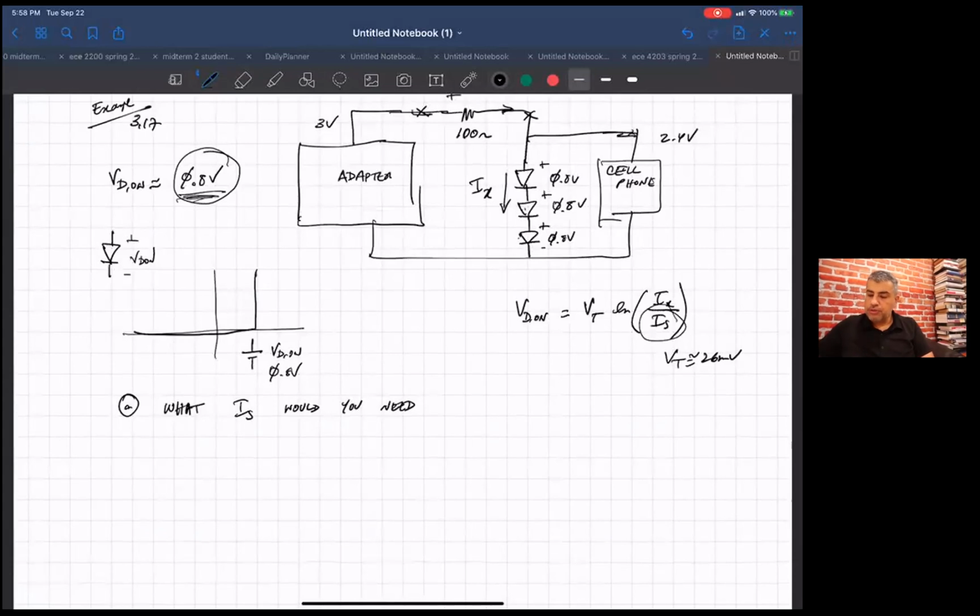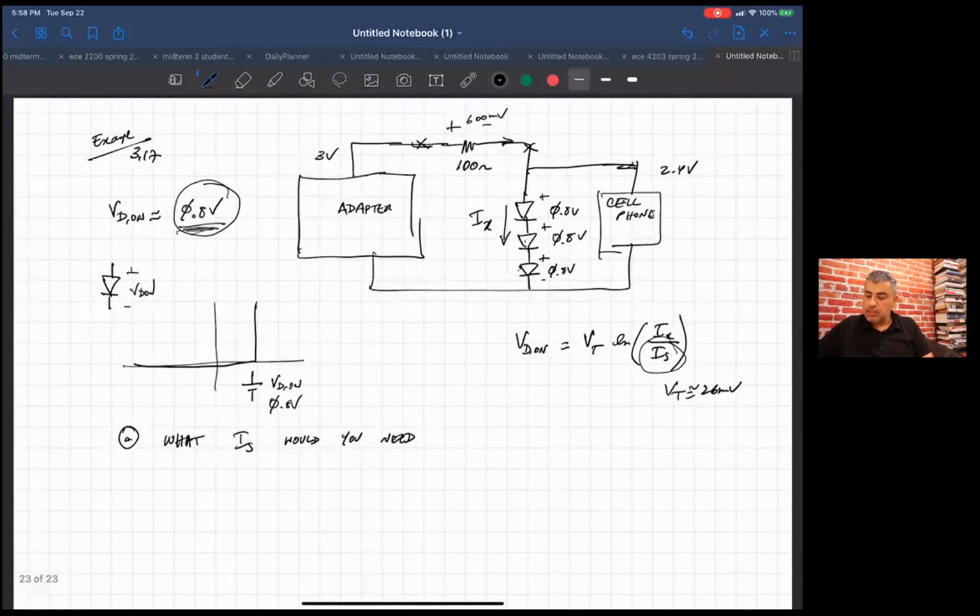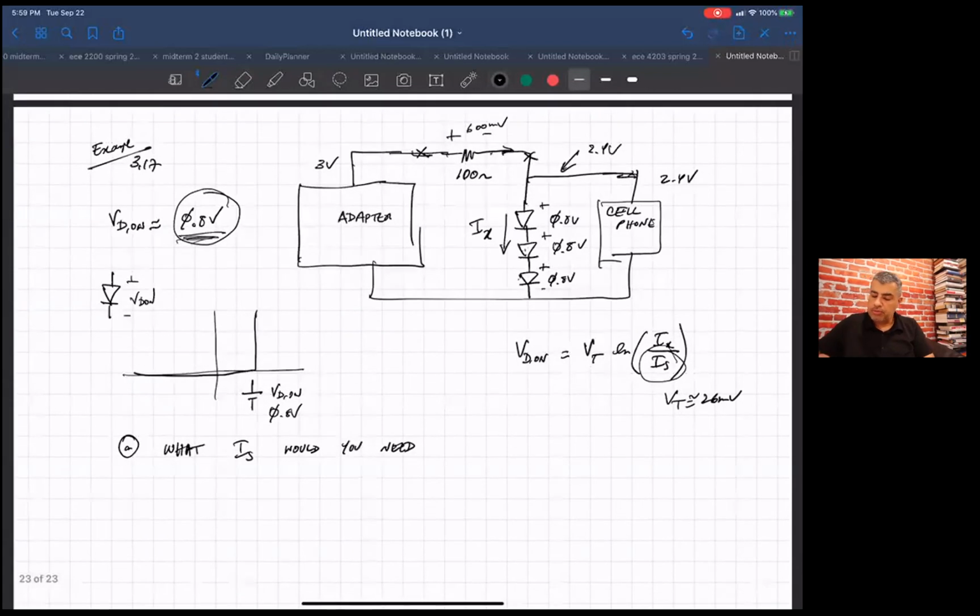So the first thing you do is you say, okay, I need 2.4 volts here, and I have 3 volts. So I put a 100 ohm resistor from one point to the other, and that has a 600 millivolt drop across it.